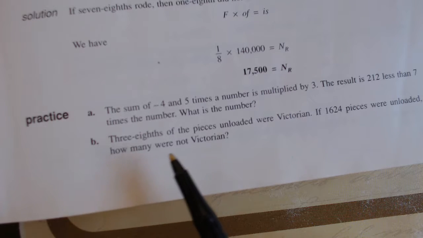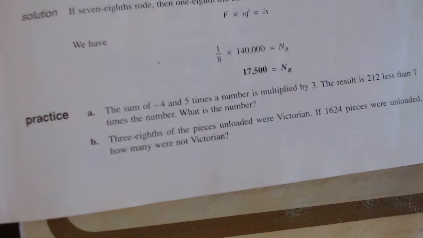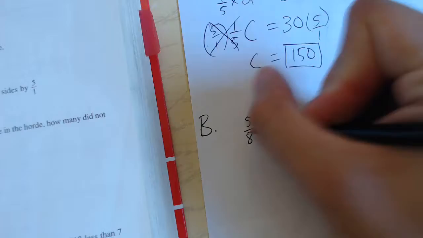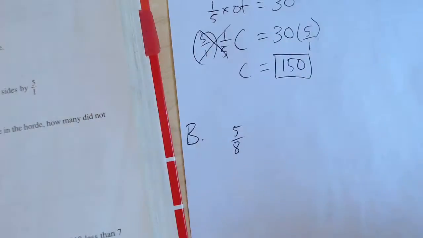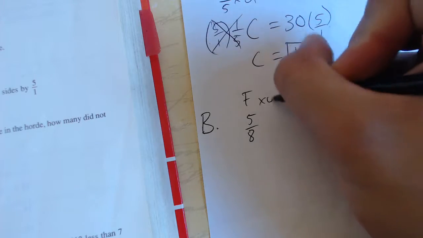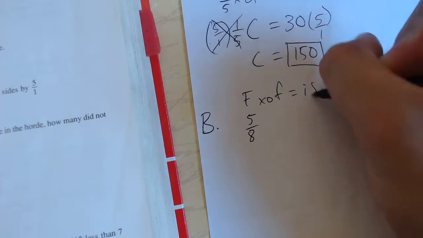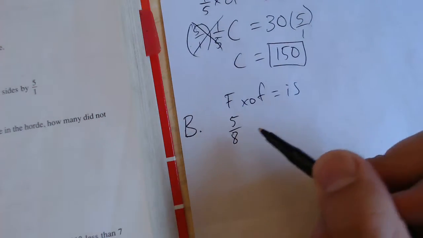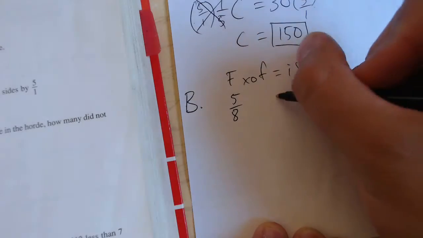So if 3/8 of the pieces unloaded were Victorian, what fraction were not Victorian? Well, using our logic, we would know that that fraction of not Victorian would be 5/8, the remainder of the whole. So if 5/8 were not Victorian, then following our equation, fraction times of equals is, we know that 5/8 times our of value is going to be our is.